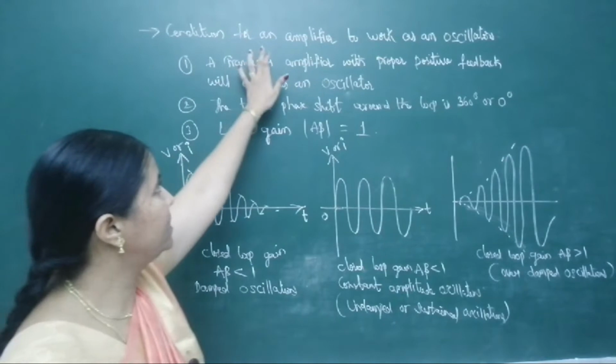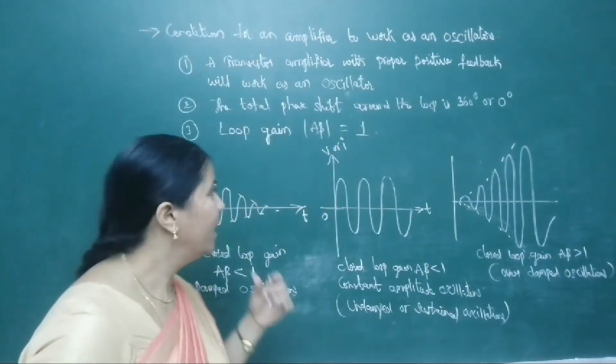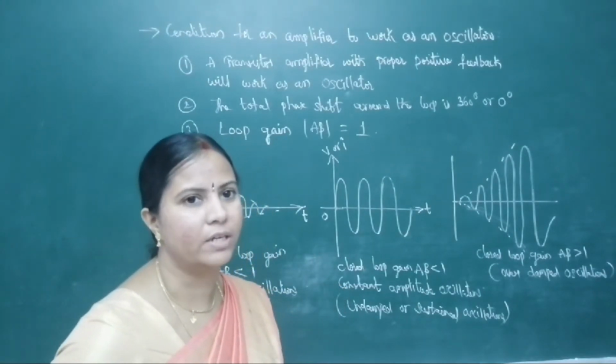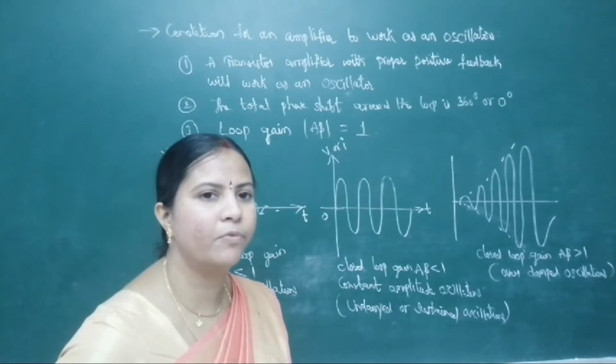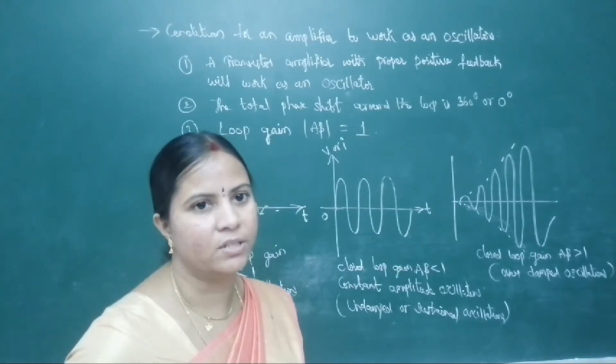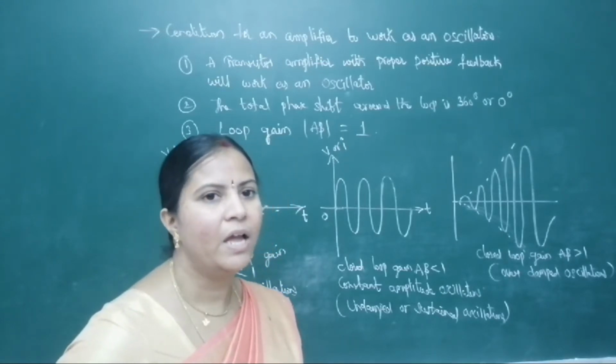Coming to the conditions for an amplifier to work as an oscillator. A transistor amplifier with positive feedback will work as an oscillator, but a transistor amplifier with negative feedback we use in amplifiers.